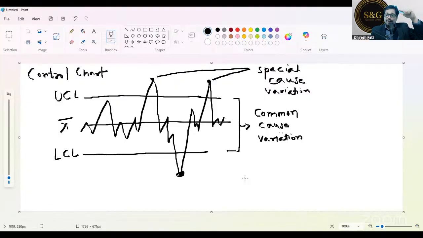It goes beyond control limit, and that is called a special cause variation. That immediately indicates that there is something wrong in the process. So special cause variation can immediately be highlighted if you are using control limits and control charts. You can investigate the special causes and take immediate actions. Anything within is called common cause variation.